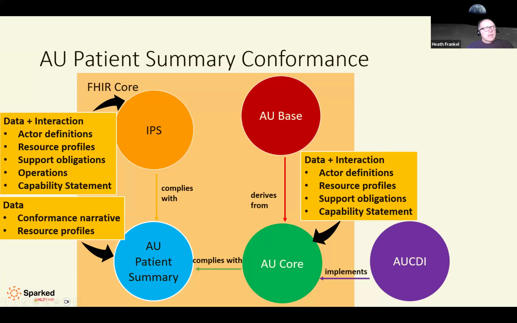That's the $summary. In the capability statement, it also indicates that you should be using or can use the $docref that's defined in the IPA implementation guide. But at the moment, in AU Patient Summary we've got our profiles, we're working on those profiles. We've got some conformance narrative around what must support means.